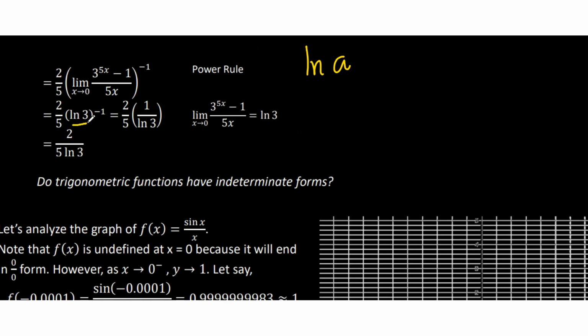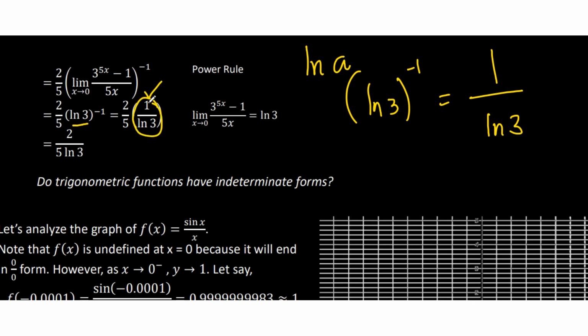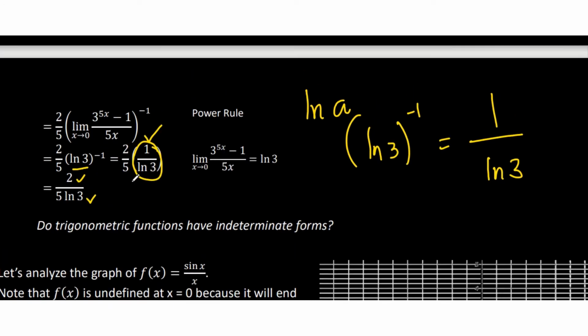So ln of 3 raised to negative 1 is equal to 1 over ln of 3. Okay? That is the negative integral exponent rule. So, reciprocal lang yan. That is the reason kaya ito naging ganyan. Okay? So, 2/5, 2 times 1 is 2, and 5 times ln of 3 is 5 ln of 3. So, the answer is 2 over 5 ln of 3.